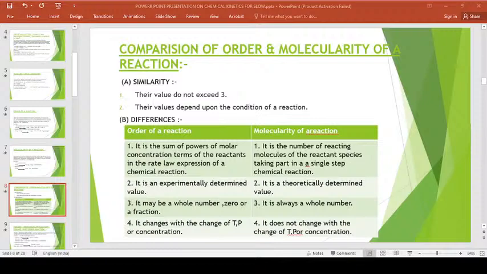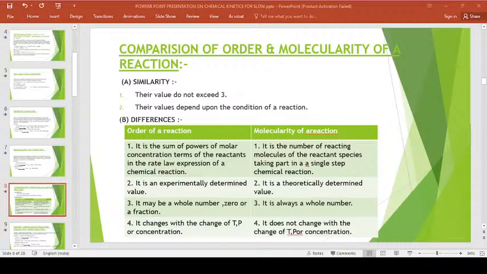If the order is 1, then it is first order. And molecularity is 2. Why is the molecularity 2? Because in this reaction, two reactant molecules are there. One is methyl acetate and the other one is water. So 1 plus 1 is becoming 2. If the molecularity is 2, it is called bimolecular.